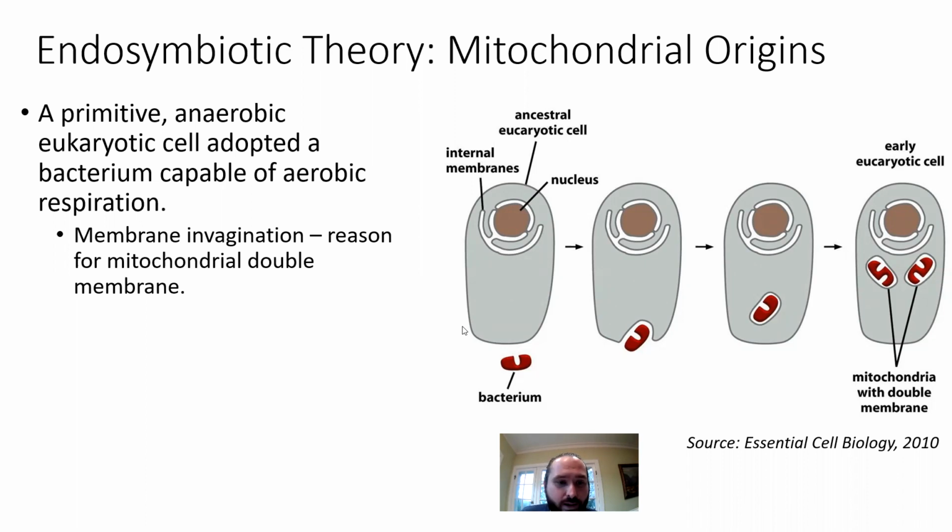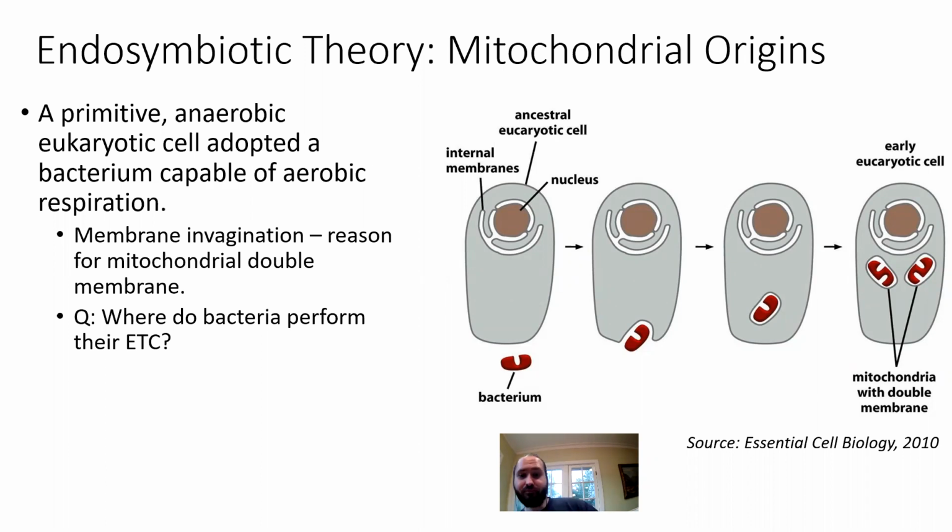So based on this, where do bacteria perform their electron transport chain? Do they have their own mitochondria? Bacteria perform the electron transport chain on their plasma membrane.